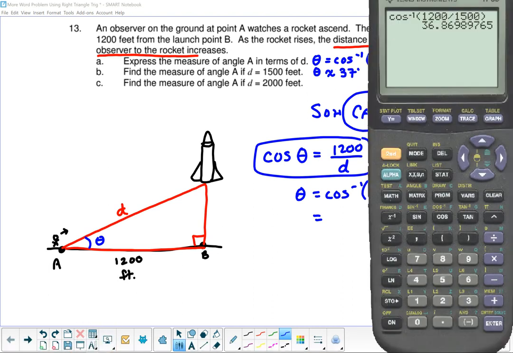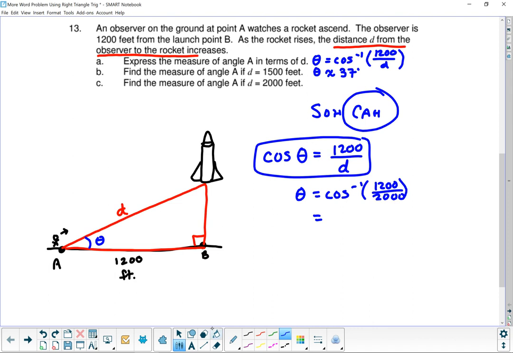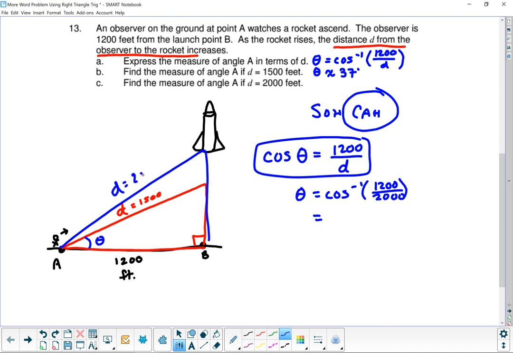Before we get the answer, think about this: if D is 1,500 and the angle is 37, when the rocket goes a little higher and the distance is 2,000, then theta is now bigger. So our answer for the next one should be bigger.